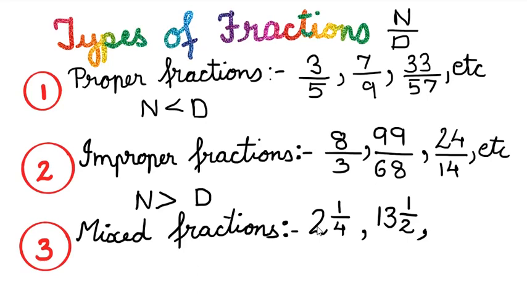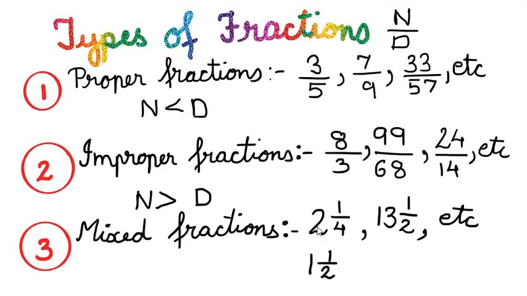And when we had studied about fraction at the beginning of the video, when we had taken 3 apples, yes, that 3 apples when we divided with 2 children, then it was 1 and half, 1 and half, yes. So 1 and half is also one of the mixed fractions. So did you understand the different types of fractions? Yes.